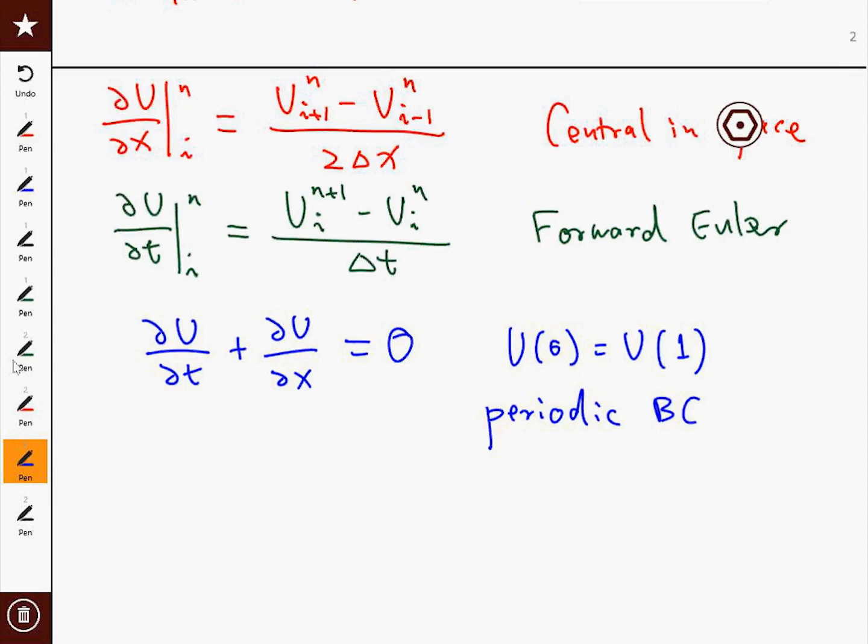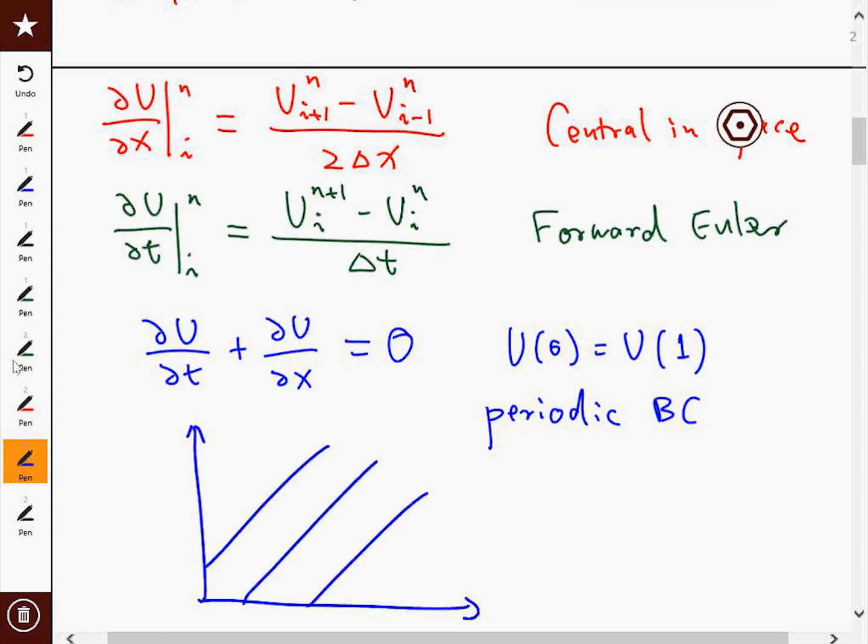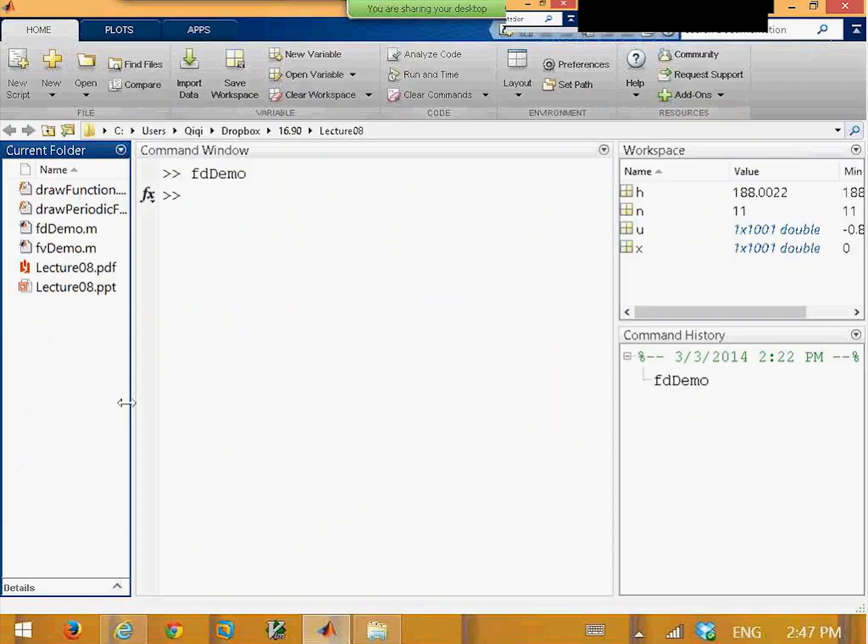This is a linear advection equation, and all the characteristic lines are parallel. The characteristic lines are like the contour lines of the solution in the x and t diagram. Along all the characteristic lines the solution goes towards the right, and along each characteristic line, the solution is constant. Let's implement forward Euler plus central difference and see how the solution looks numerically.